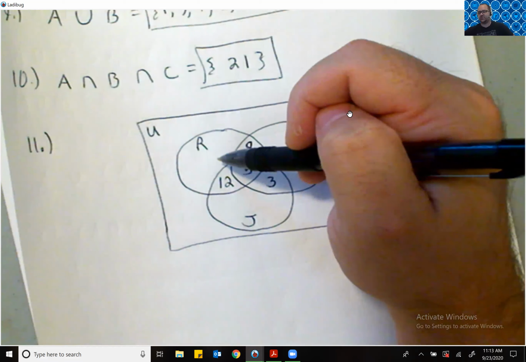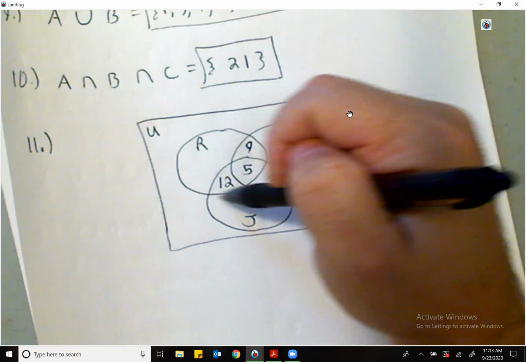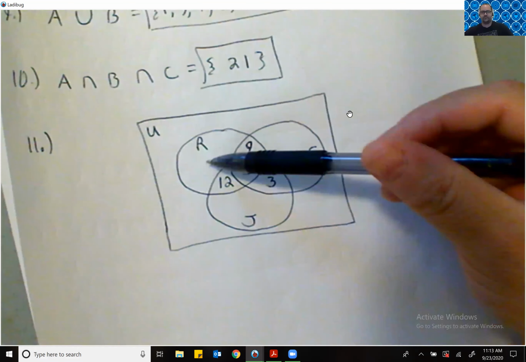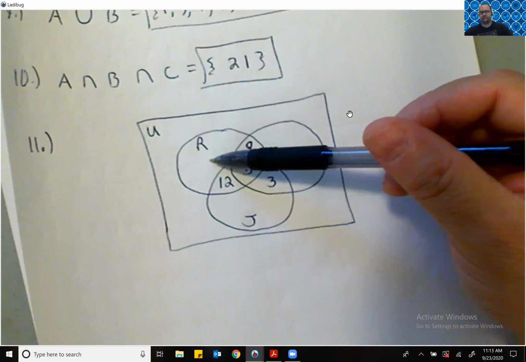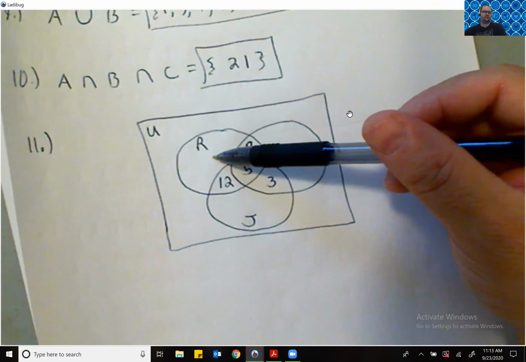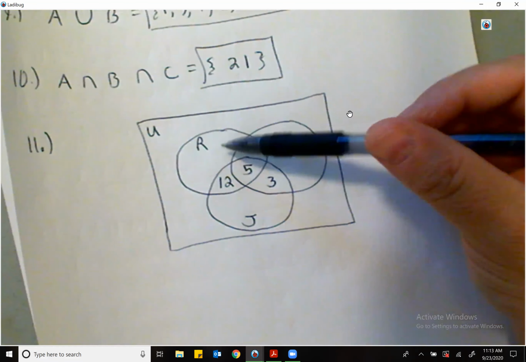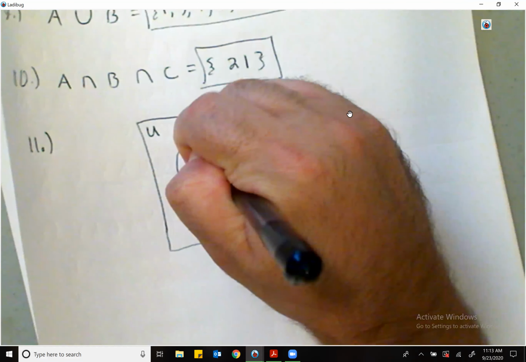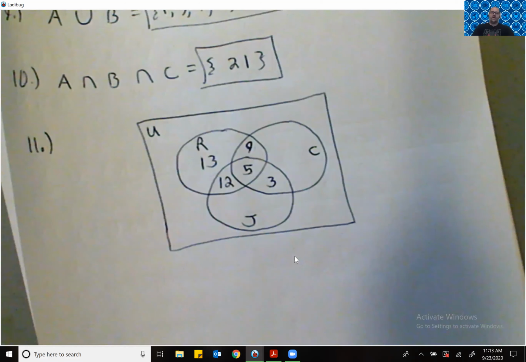It says this circle should be 39 total. So how many students are out here? Is it 13? It is 13. Right. Okay. And moving on.